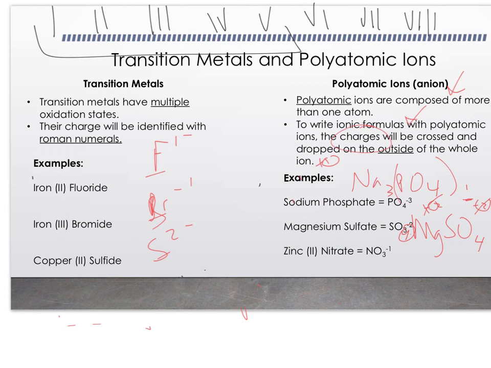But for zinc nitrate, the Zn has a 2+ charge here. And then your nitrate is an NO3 with a -1 charge. So the understood 1 is going to cross over and be the subscript for zinc. And then the 2 is going to cross over and be the subscript for the nitrate. So your formula is going to be Zn, open parentheses, NO3 with the 2 on the outside.